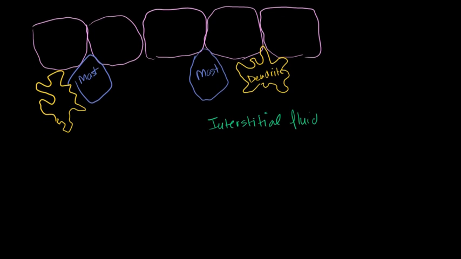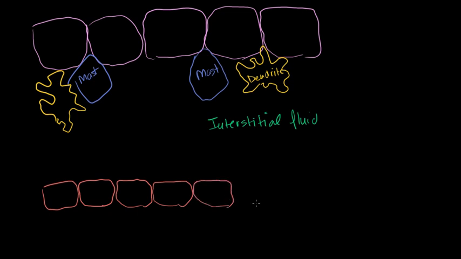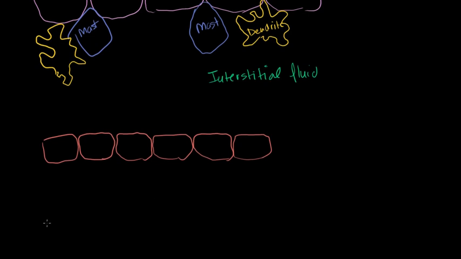Instead of just drawing them as tubes, I'm actually going to draw the cells of our circulatory system. Let's say that down here, these are the endothelial cells of our capillaries. These are literally the cells that make up the walls of our capillaries. Let's say that's one side, and let me draw the bottom side right here.